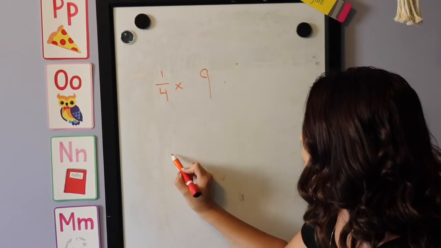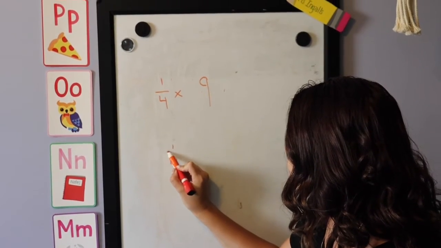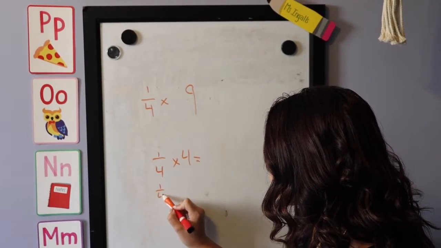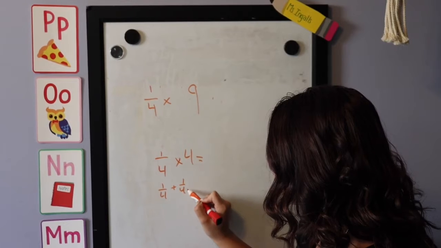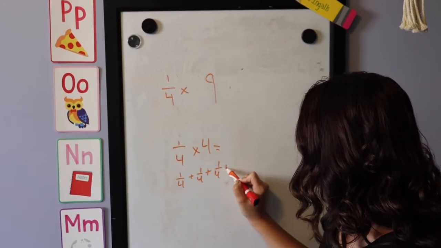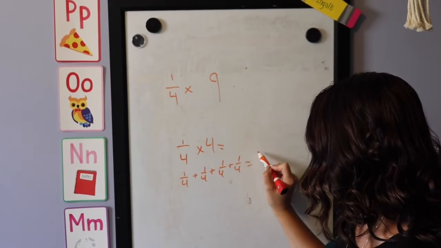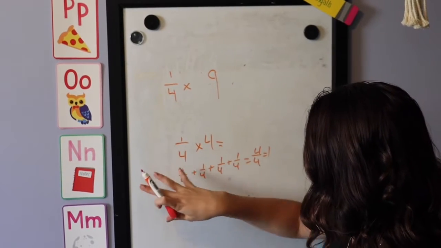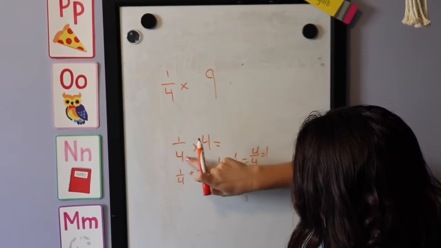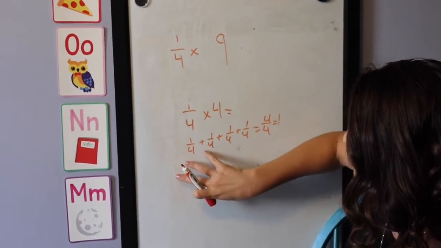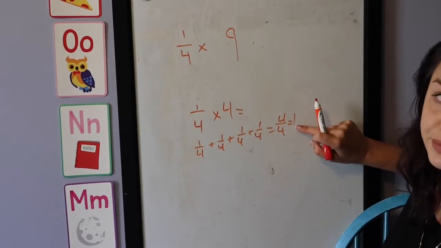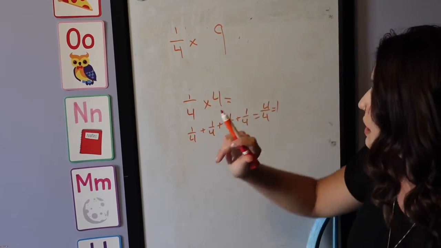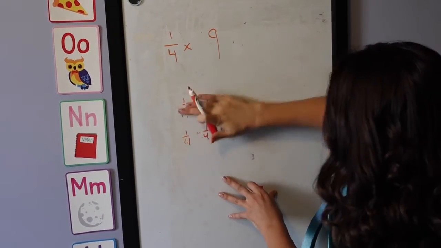So if I multiplied 1/4 times 4, we know 1/4 plus 1/4 plus 1/4 plus 1/4 equals 4 over 4, which equals 1. So if you have the same whole number as the denominator, you know it's going to be 1. But if the number is greater than the denominator, you know you're going to have a mixed number, just like right here, okay? So I'm going to erase this.